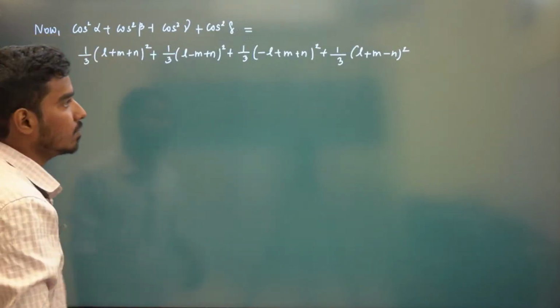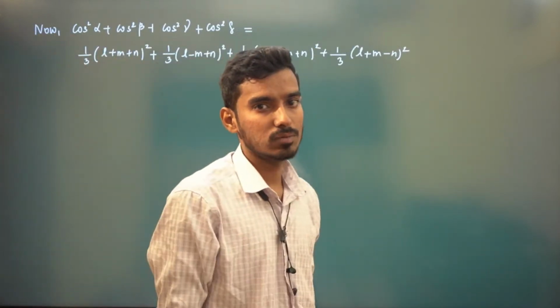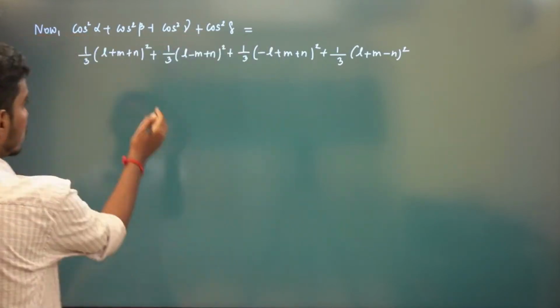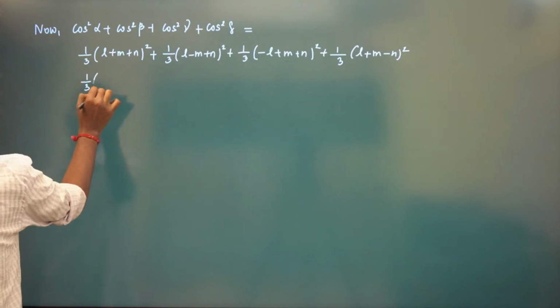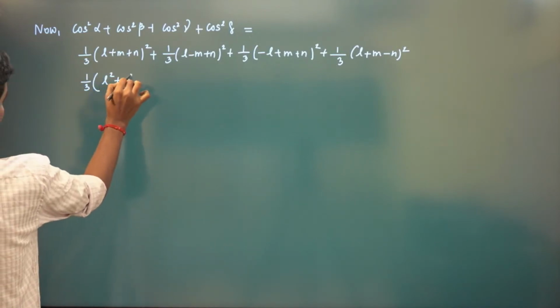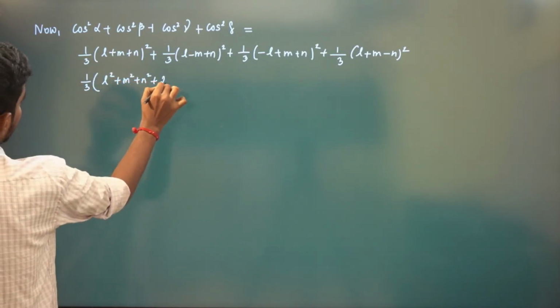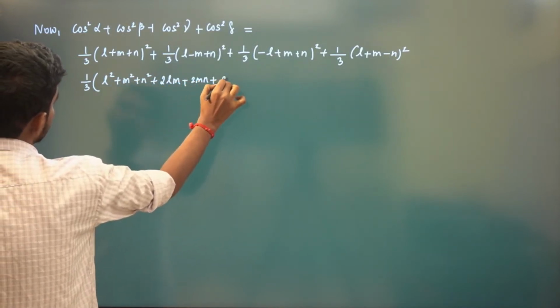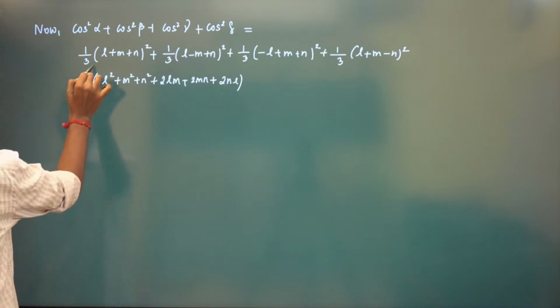So again you know the A plus B plus C whole square formula: A square plus B square plus C square plus 2AB plus 2BC plus 2CA. So we'll apply that.